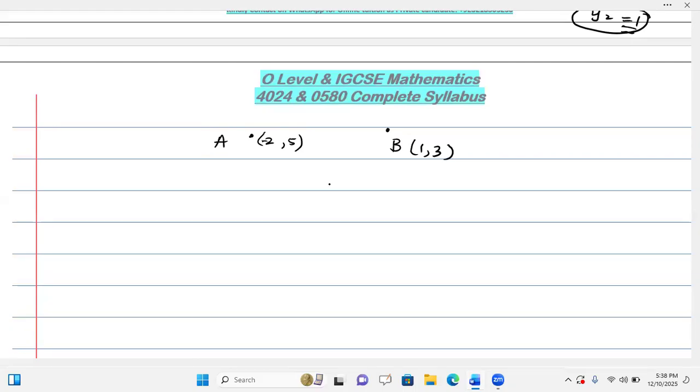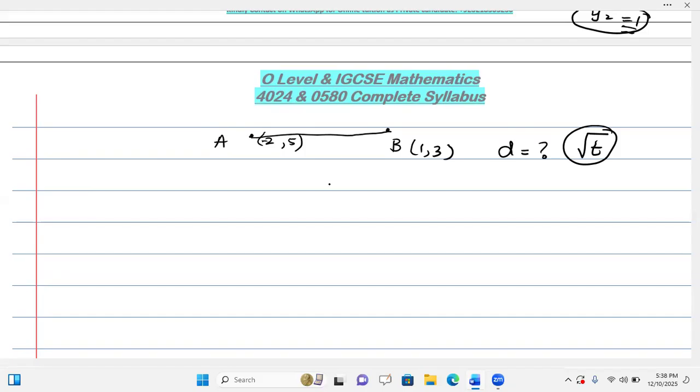So you are going to calculate the distance between A and B, but give your answer in the form of root t. He is saying a calculator is not allowed, so you will not have to give the exact decimal value for that answer.